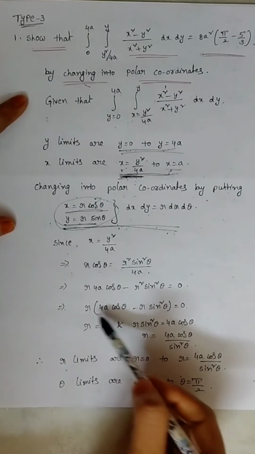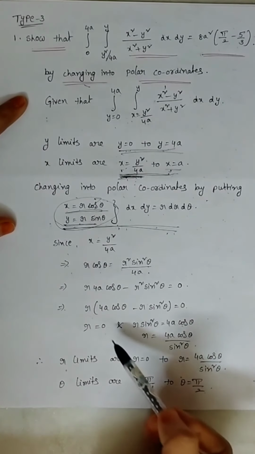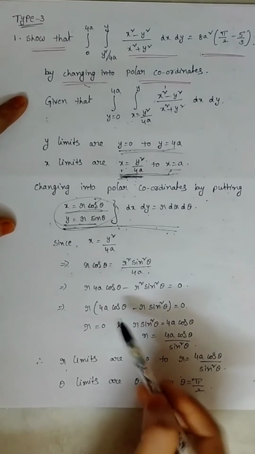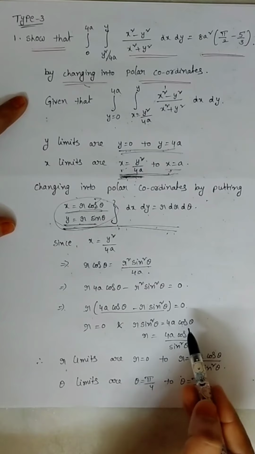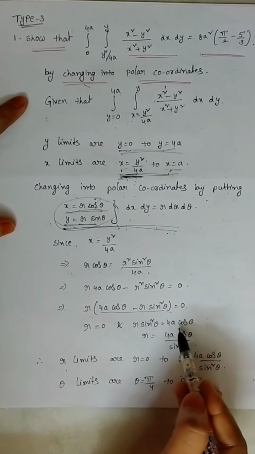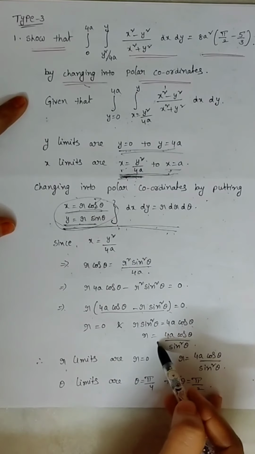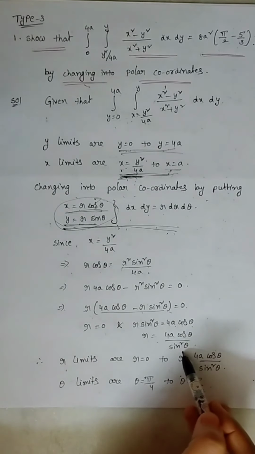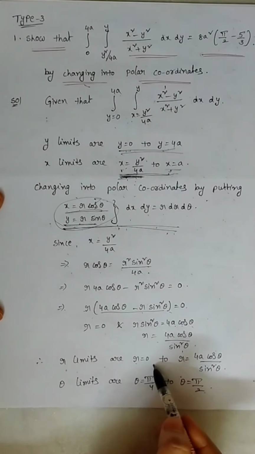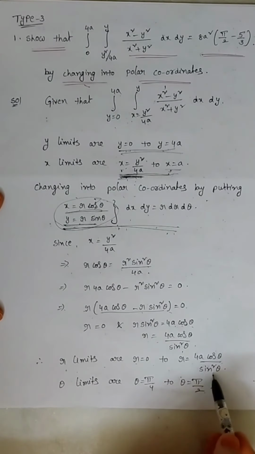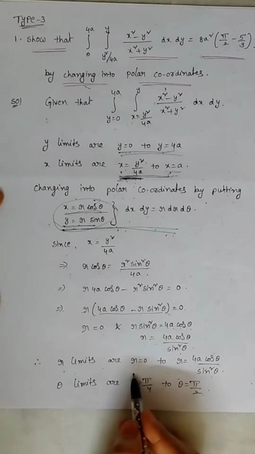Take r common: r(4a cos theta minus r sin square theta) equals 0. So r equals 0, and r sin square theta equals 4a cos theta, so r equals 4a cos theta by sin square theta. Therefore the r limits are r equals 0 to r equals 4a cos theta by sin square theta.